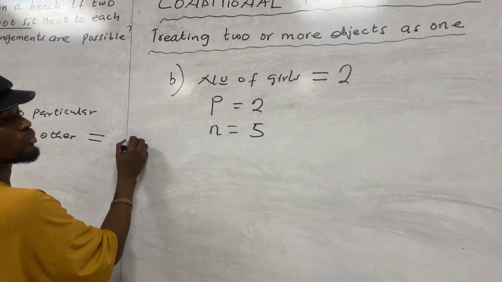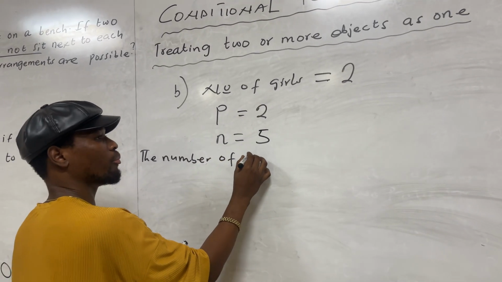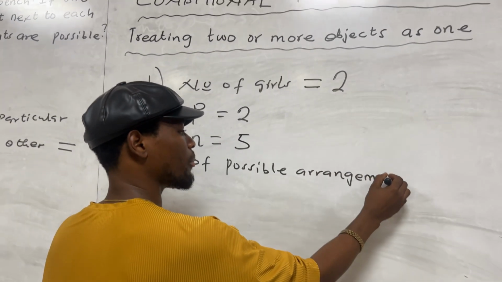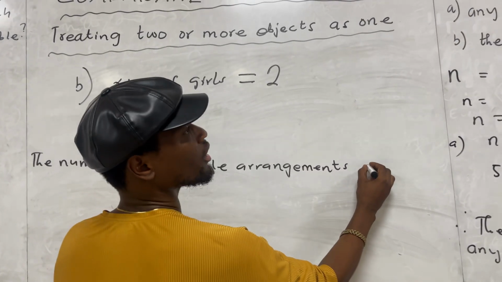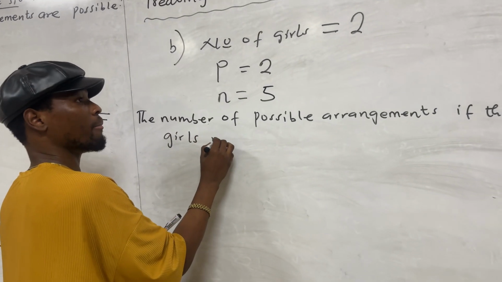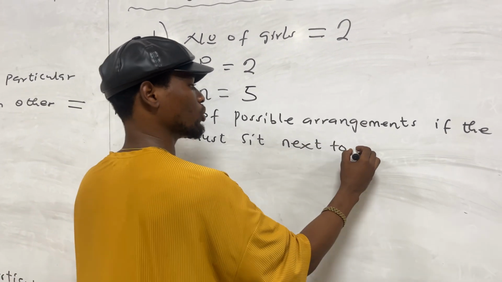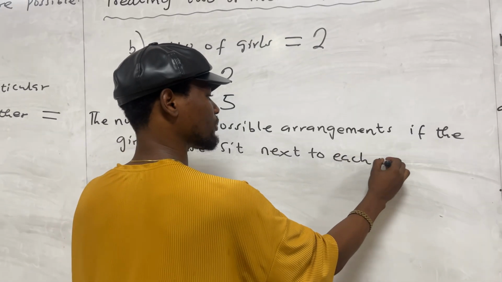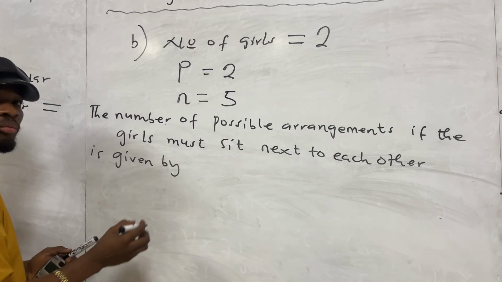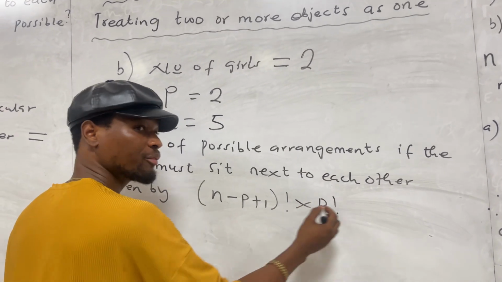So therefore, the number of possible arrangements if the girls must sit next to each other is given by n minus p plus 1, factorial, then times p factorial.